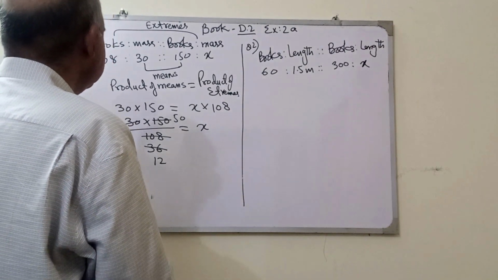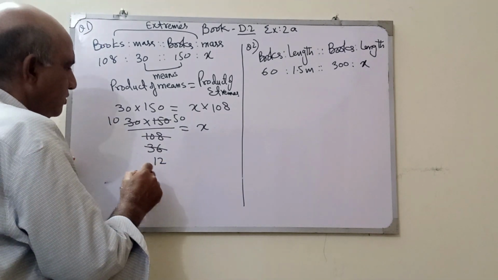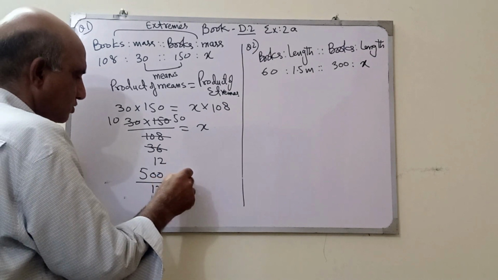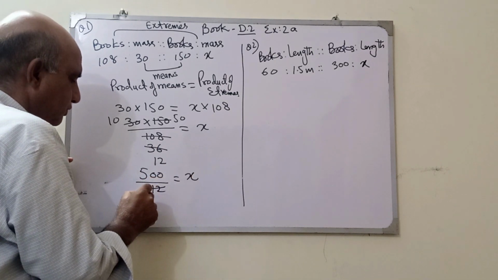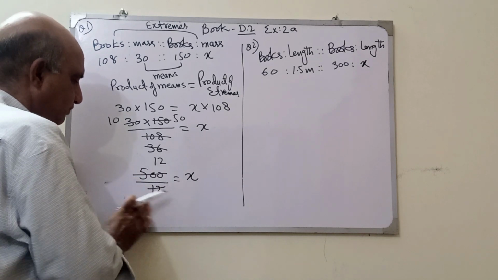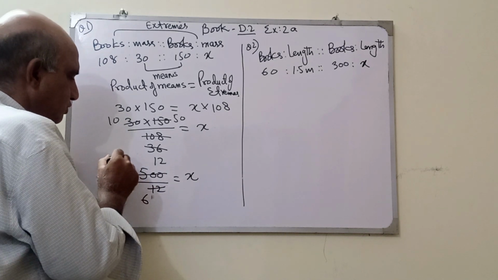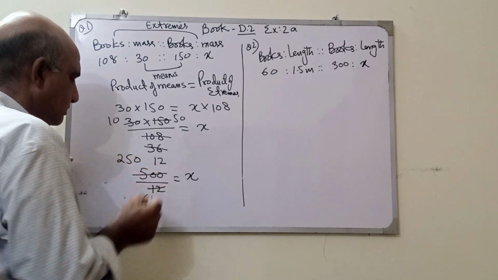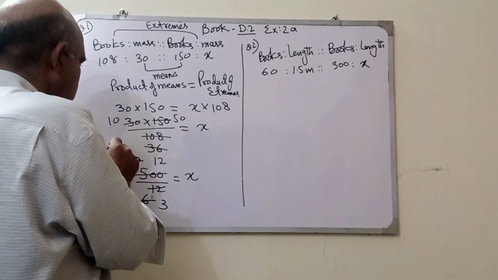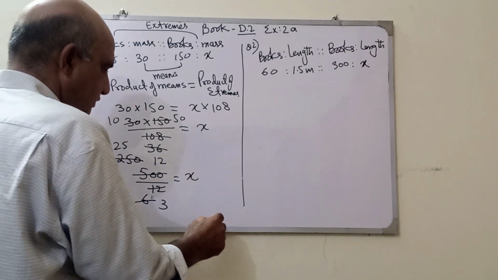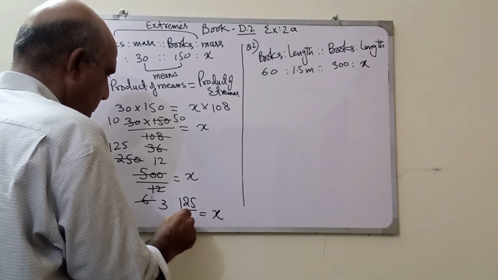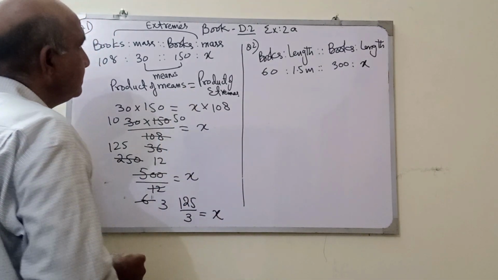Then 500 over 12 is equal to x. 4 3s are 12, and 2 6s are 12, 2 50s are 100, then this is 125. So the value of this is 125 over 3 kg, right?